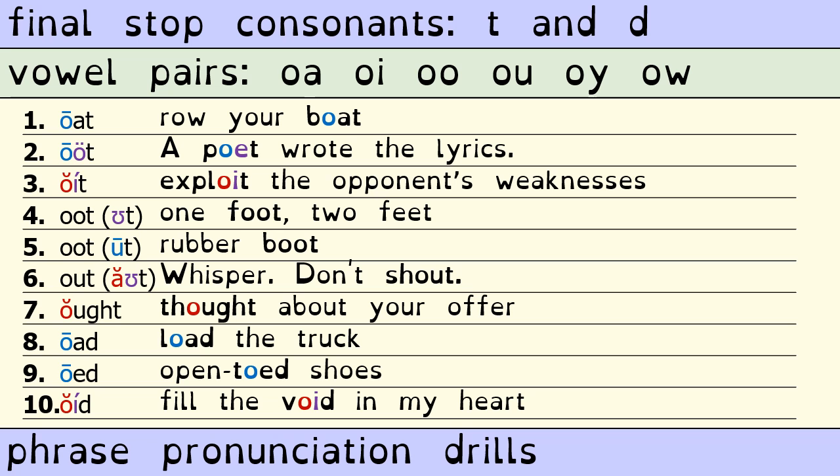Okay, and let's look at phrases. 1. Oat. Row your boat. 2. Oet. A poet wrote the lyrics. 3. Oit. Exploit the opponent's weaknesses. 4. Oot. One foot, two feet. 5. Oot. Rubber boot. 6.